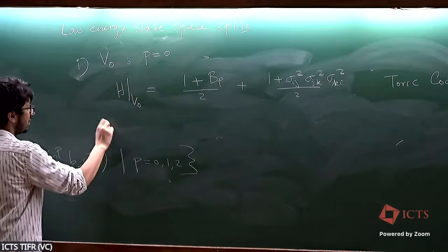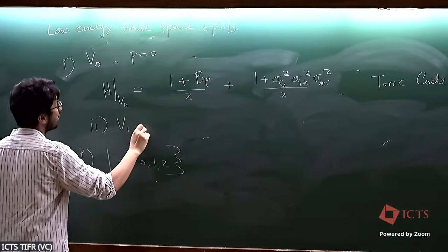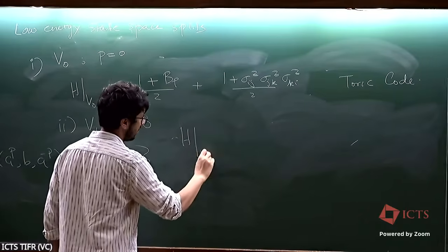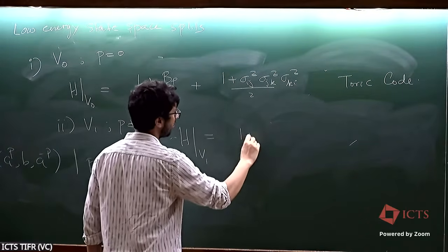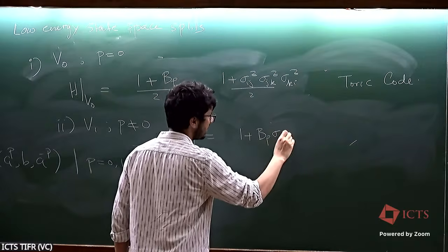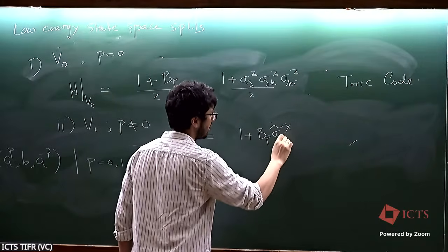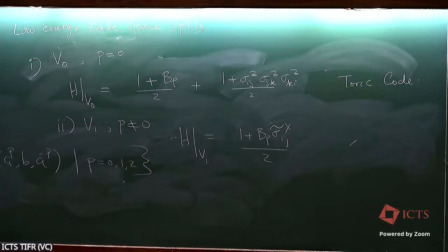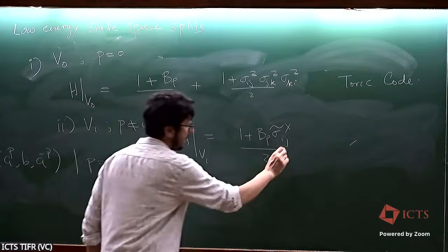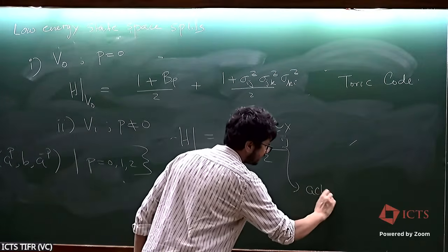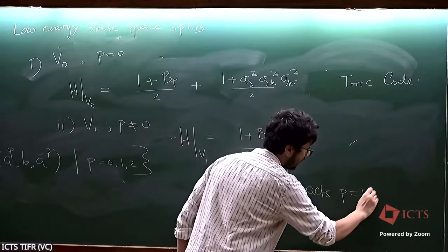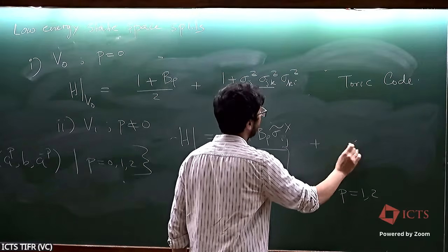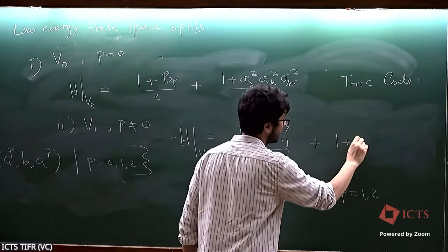Meanwhile, the other ground state in V1, for which P is not equal to 0, the Hamiltonian H_V1 is (1 plus B_P sigma tilde x), and this sigma tilde x is an effective degree of freedom that acts on the 1-2 space. This acts on the P equal to 1, 2 subspace. Plus the plaquette, plus the flatness constraint.